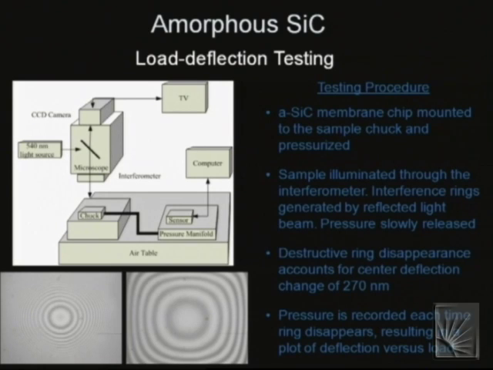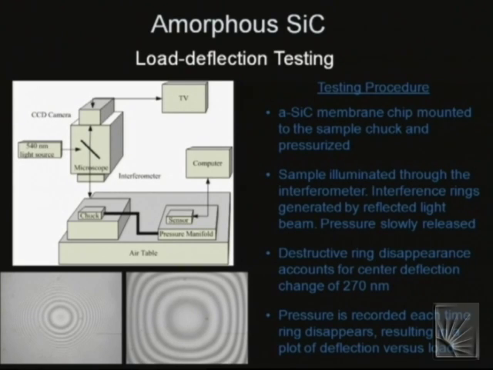The chip is mounted to a chuck that's attached to a pressure manifold. We load the membrane with pressure, up in excess of 50 psi, and then we look at the interference pattern on the loaded membrane, and then we extract the deflection data from the depressurized membrane as we get it from the interference rings.